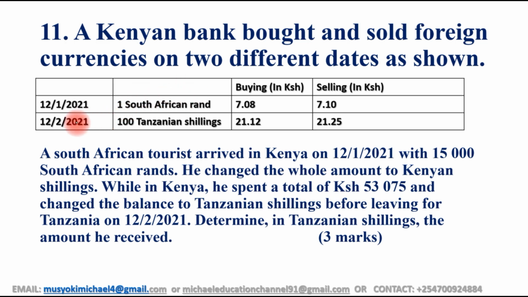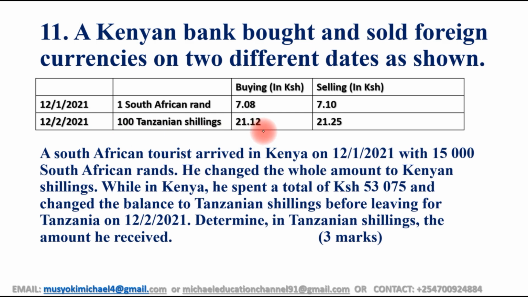So for question 11, a Kenyan bank bought and sold foreign currencies on 2 different dates as shown. So here is the table. On 1st of December 2021, 1 Southern African rand was being bought at 7.08 and being sold at 7.10.